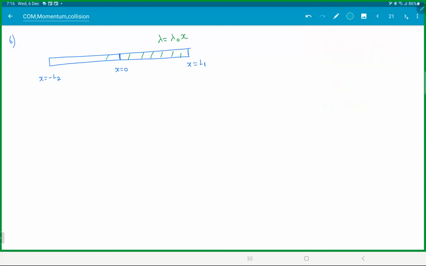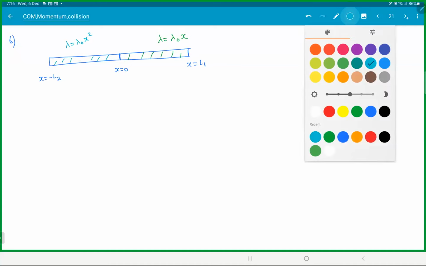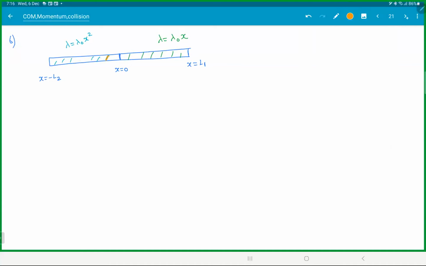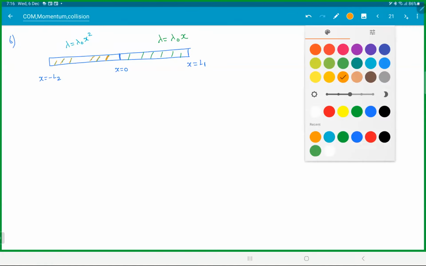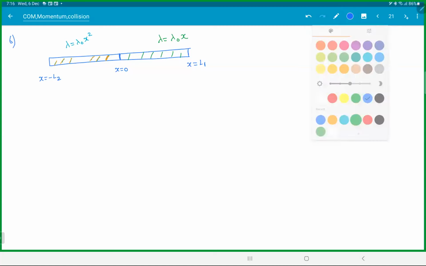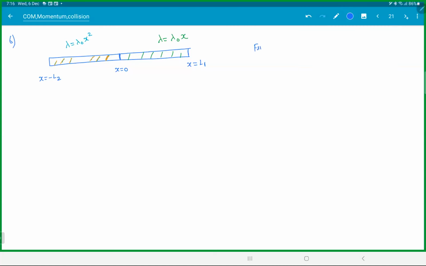The entire rod on the left hand side has density lambda naught x square. So you made a rod with 2 different densities. Okay, and the lengths of the rods are also different. So find the condition between L1 and L2 so that the center of mass is at the origin.